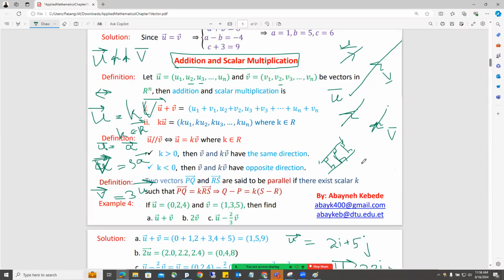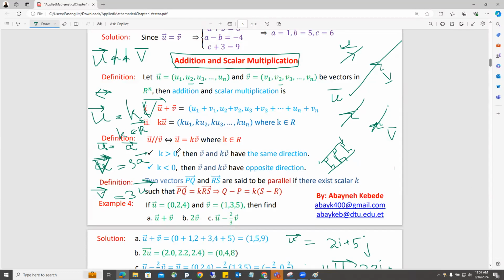Now we have to learn about two conditions of this k, that means of this scalar value. If this k is greater than 0, which means k is a positive number, then those two vectors are in the same direction.